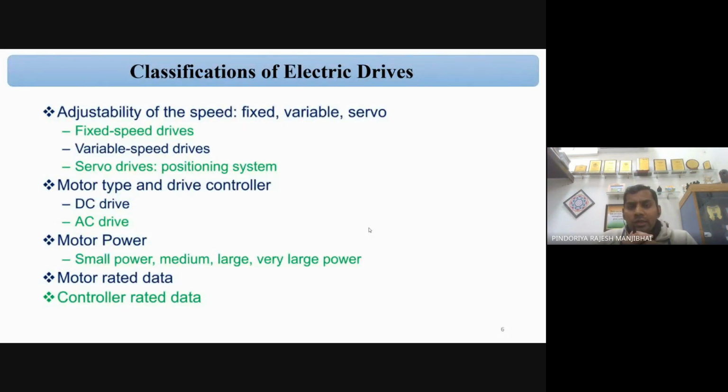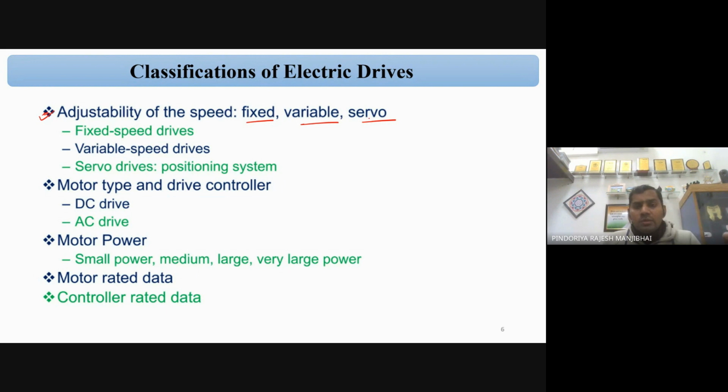Now we can see the classification of the electric drives. Okay, so how can we classify the electric drives? First classification is the adjustability of the speed. How can we adjust our speed? We can say fixed, variable, and servo.